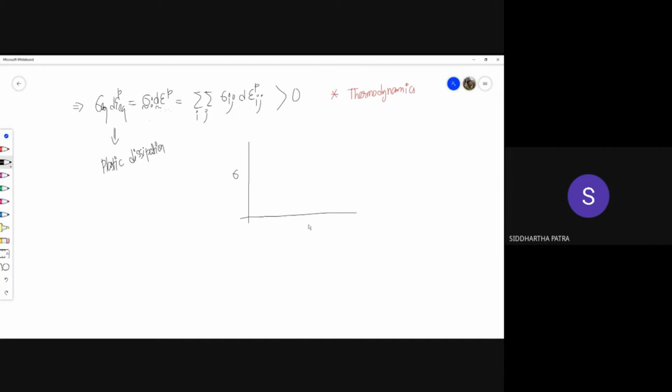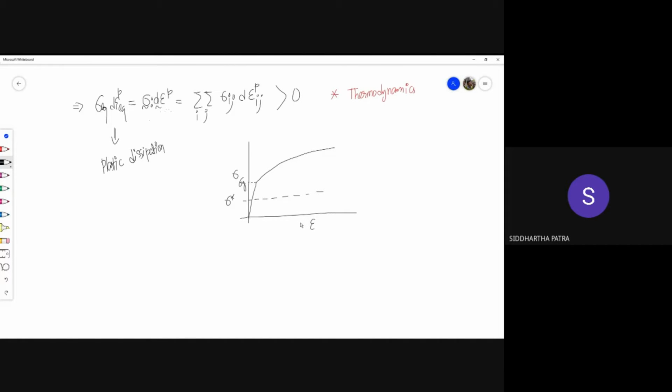Let's say this is the uniaxial stress strain diagram in plasticity, and let's say this is a stress sigma star smaller than the so-called yield stress.